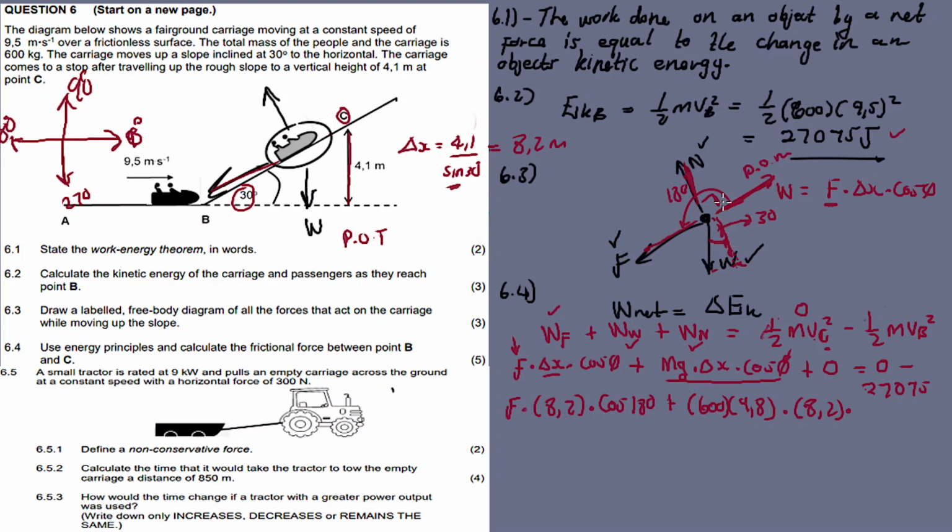So in order to find the angle from the direction of motion all the way up to this weight, we say 270 minus 30 degrees, which is 240. So the angle is about 240 degrees. So cos 240 degrees equals negative 0,5. Then we simplify again.